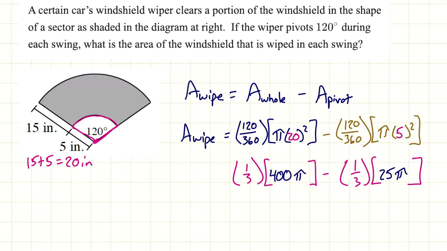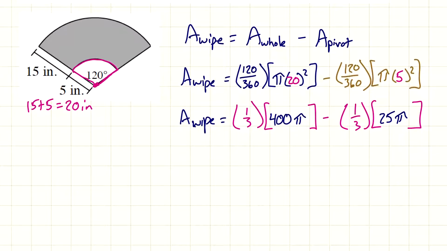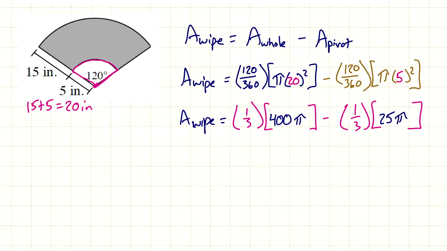So at this point, area of the wipe is equal to this. So let's write these as fractions for now. So I'm going to rewrite these as 400 pi over 3 minus 25 pi over 3.